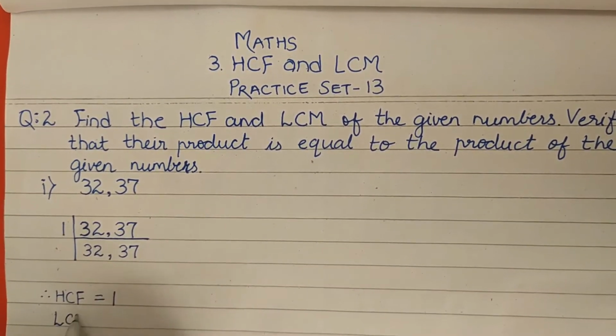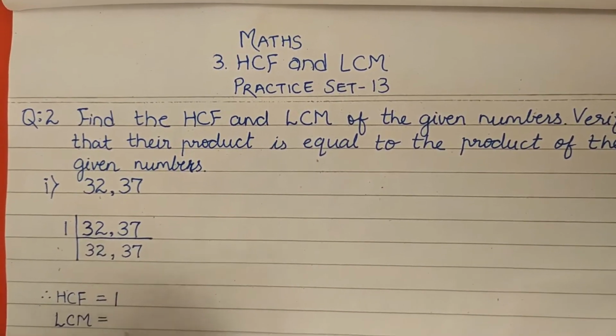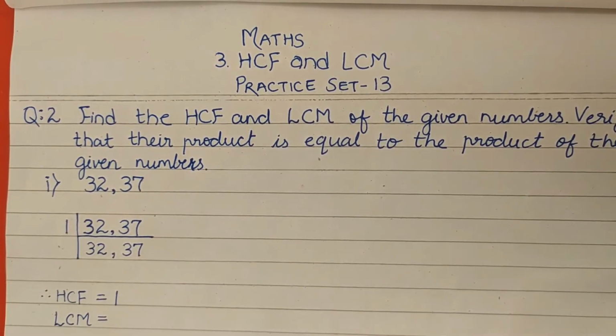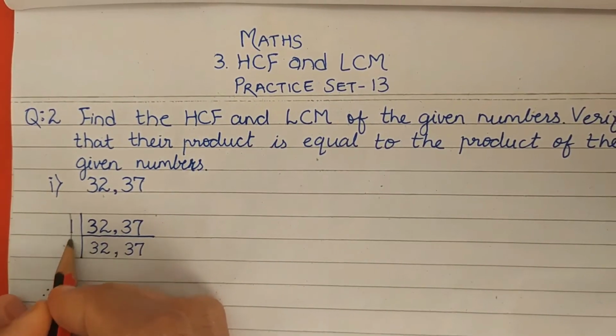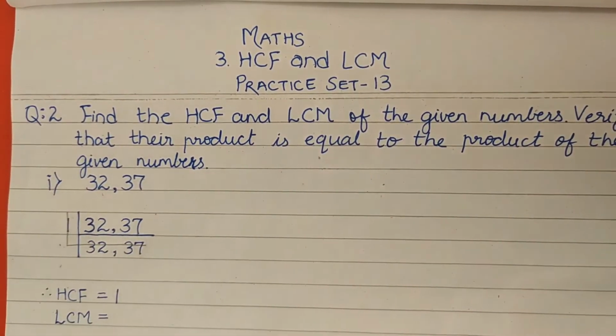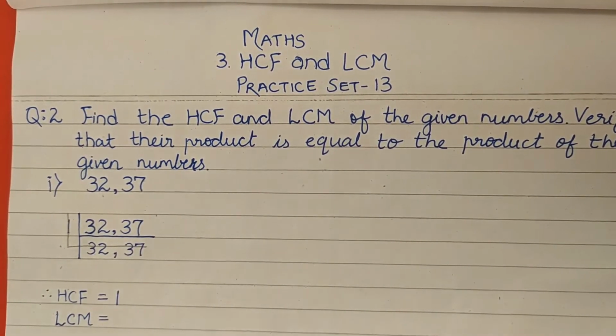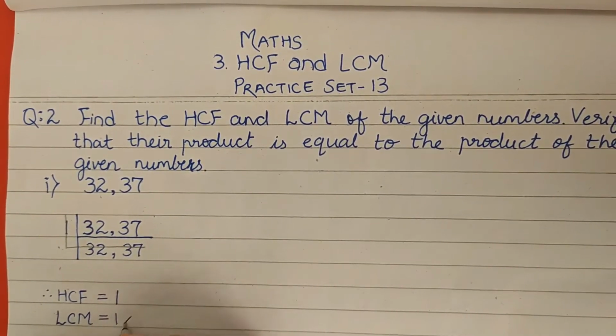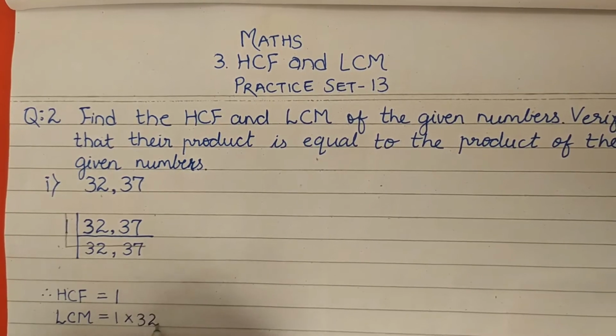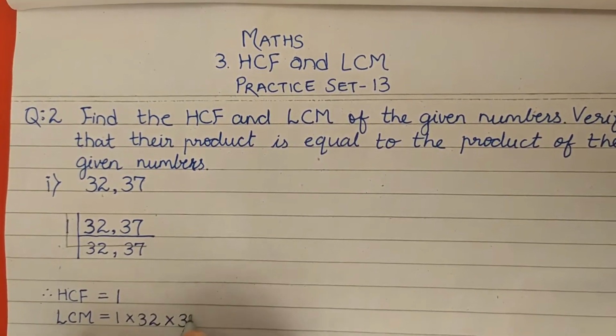Now let's find out the LCM. For finding out LCM, we'll be multiplying numbers forming L shape. So the numbers which are forming L shape are 1 into 32 into 37.